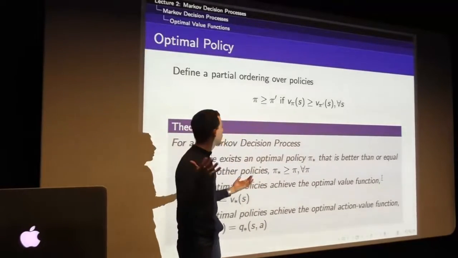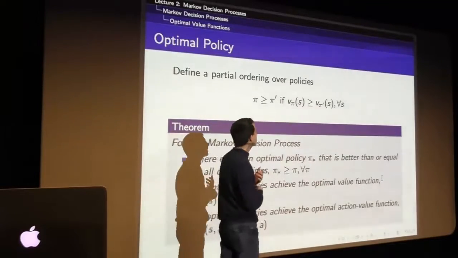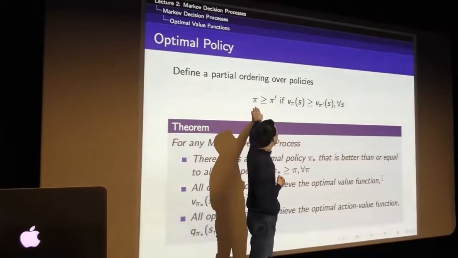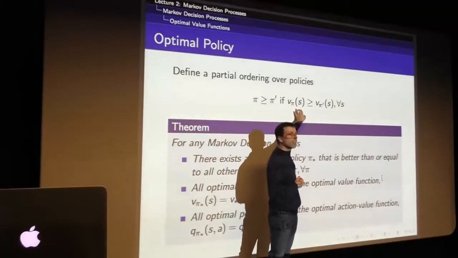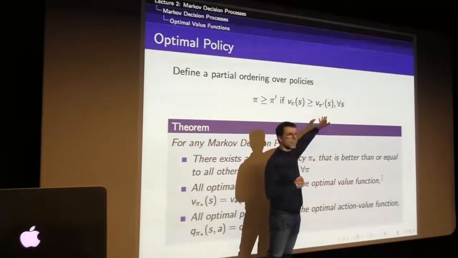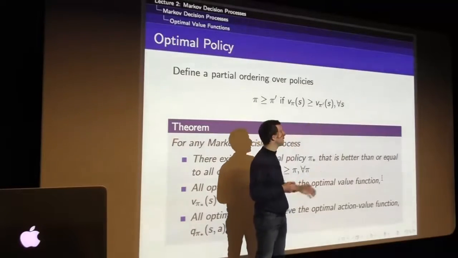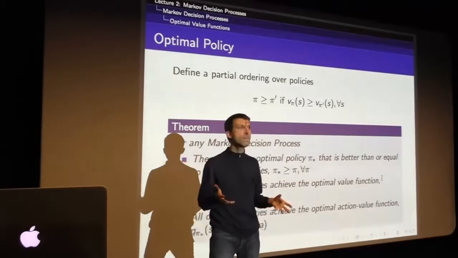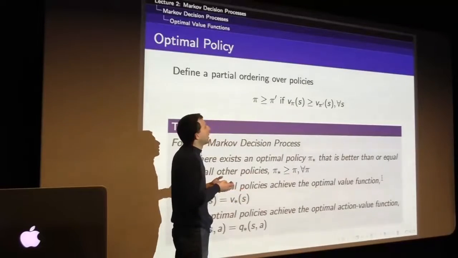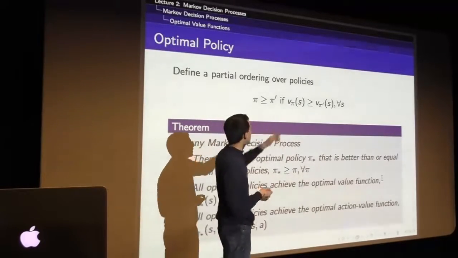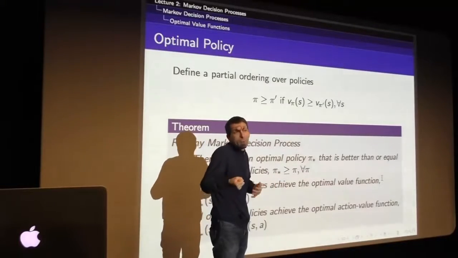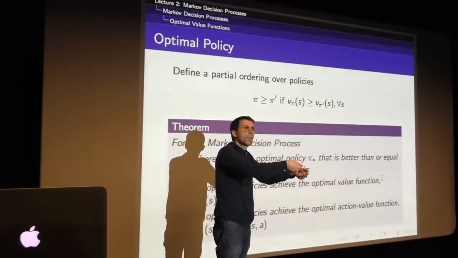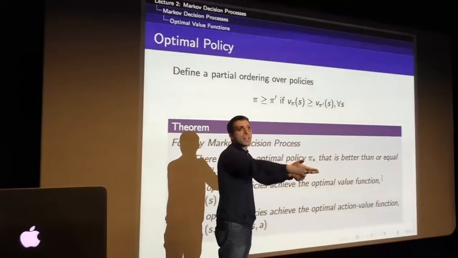This is going to be a partial ordering over policy space. It basically tells us the intuitive thing, that one policy is better than another policy if the value function for that policy is greater than or equal to the value function for the other policy in all states. So what this means is that it's not possible to say a policy is better than another policy if it's actually worse than that policy in one state.